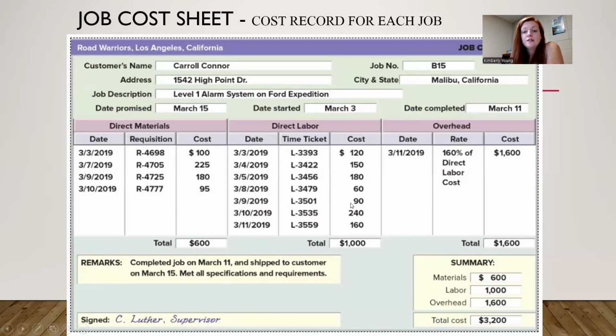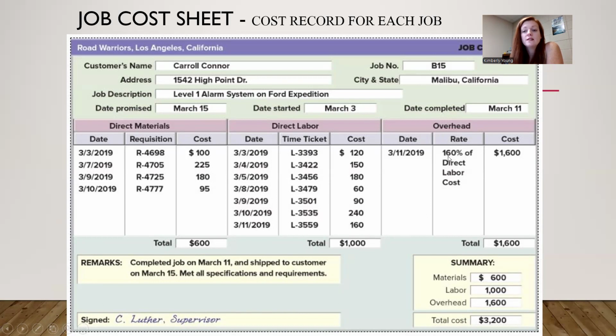We looked at all the time tickets. Our direct labor totaled $1,000. So each employee would be sure to clock in and put which job they're working on. So for job B15, it totaled $1,000. For this one, remember we based our factory overhead estimate off of 160% of whatever our direct labor costs were.